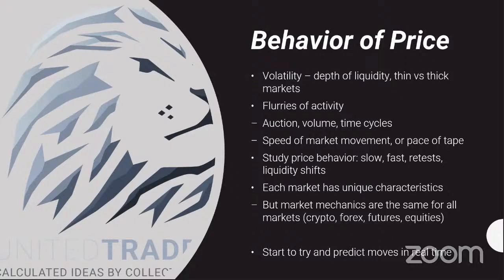Flurries of activity. I have a pace of tape meter on my setup. When I see areas that are support and resistance or SMAs, whatever indicators you're using to tell you that you want to execute a trade around this price level, I want to see the pace of tape or the amount of volume orders or the amount of participants increase around these levels.